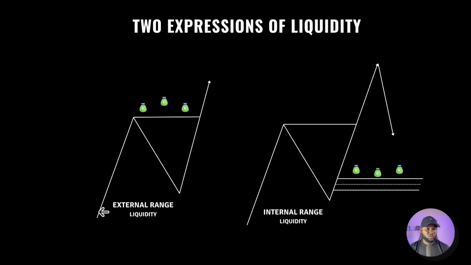Now listen, when price moves, boom, creating this high, as soon as it comes down, you see all the money left above: the stop losses, pending orders, buy stops, sell stops. This is the draw on liquidity, and that becomes the external range liquidity between this range here. This is the low of the range, this is the high of the range.